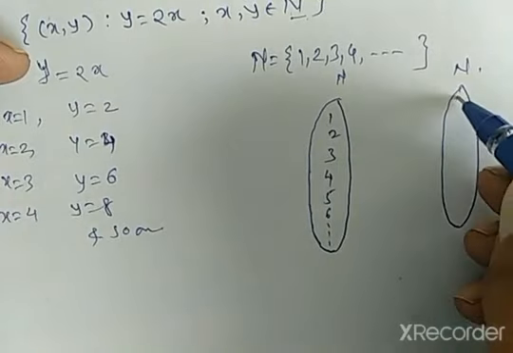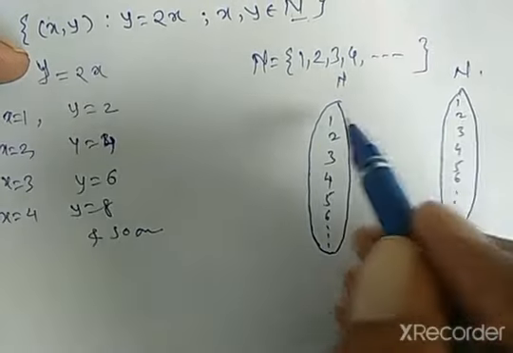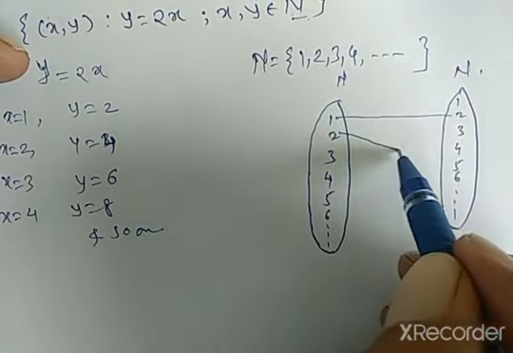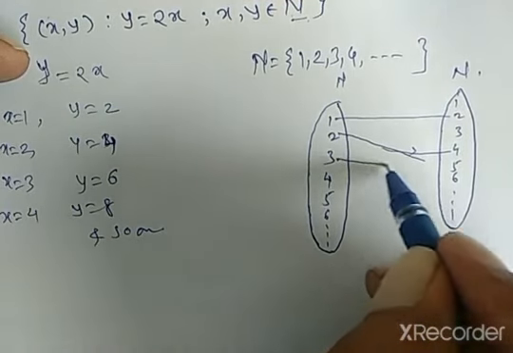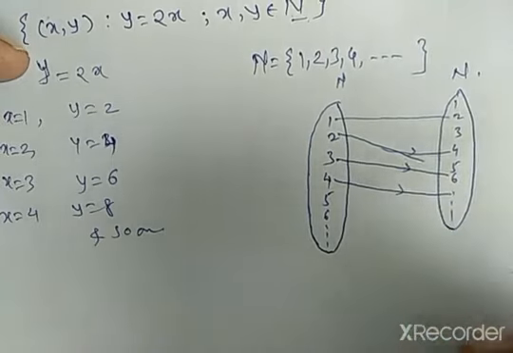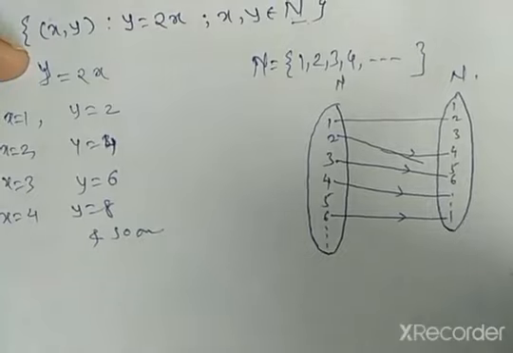The image of 1 is 2, the image of 2 is 4, the image of 3 is 6, the image of 4 is 8, and the image of 6 is 12, which is in the set of natural numbers.